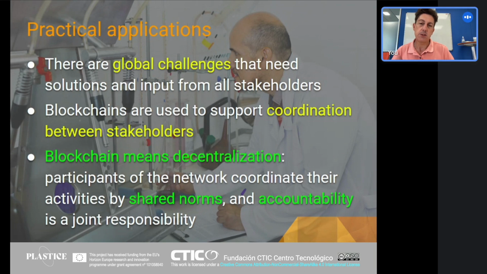Norms are the business logic that we have to define and implement in the code of the network, and all those nodes that you will run, we will run, will rely on. And everyone will see the transactions that are flowing through the network, and that's what accountability is. It's a joint responsibility.